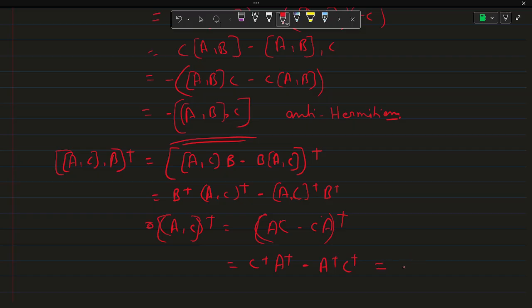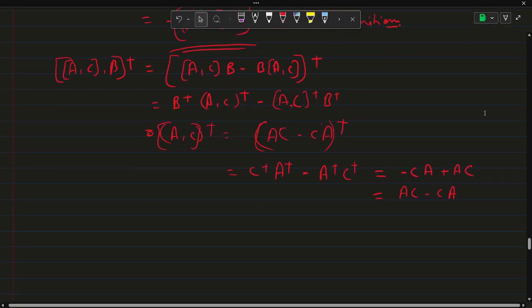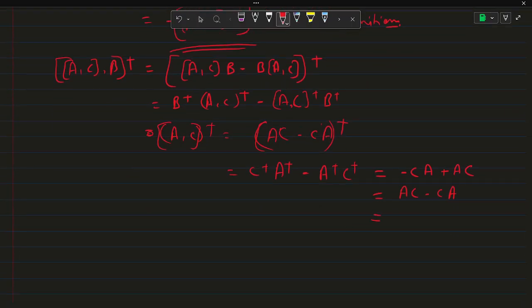C is anti-Hermitian, so C dagger is minus C: A plus A C. So this will give AC minus CA.